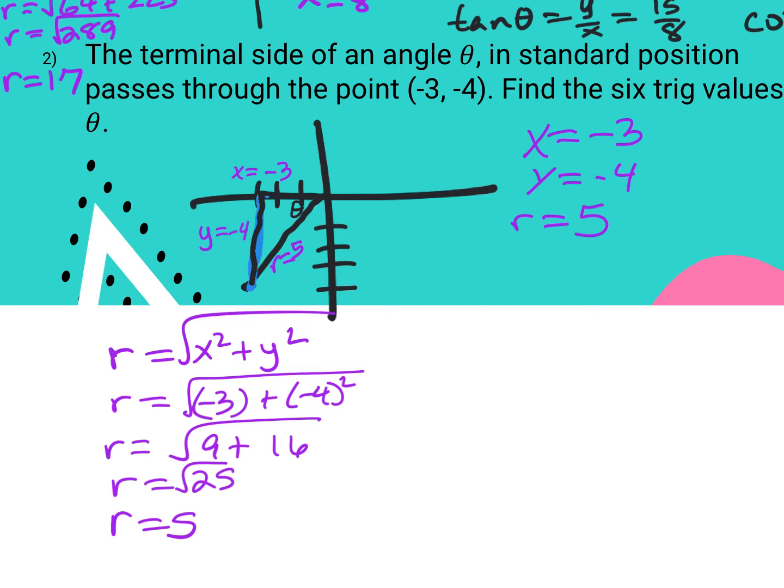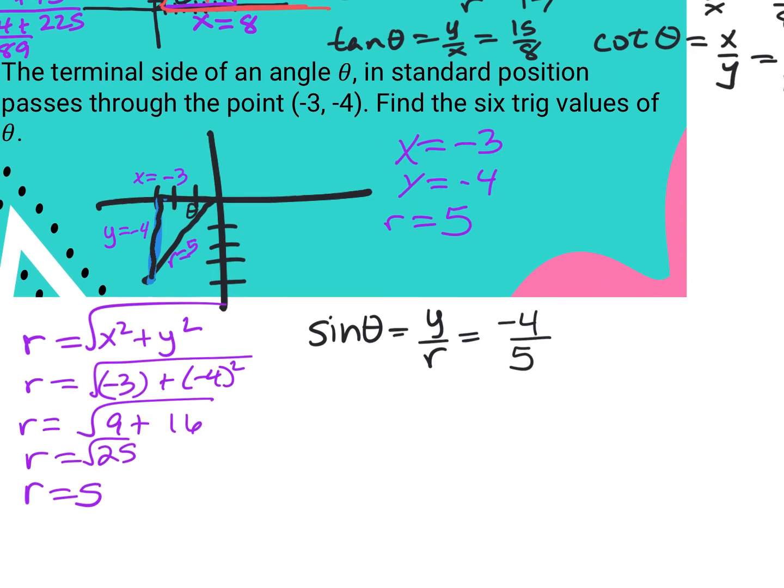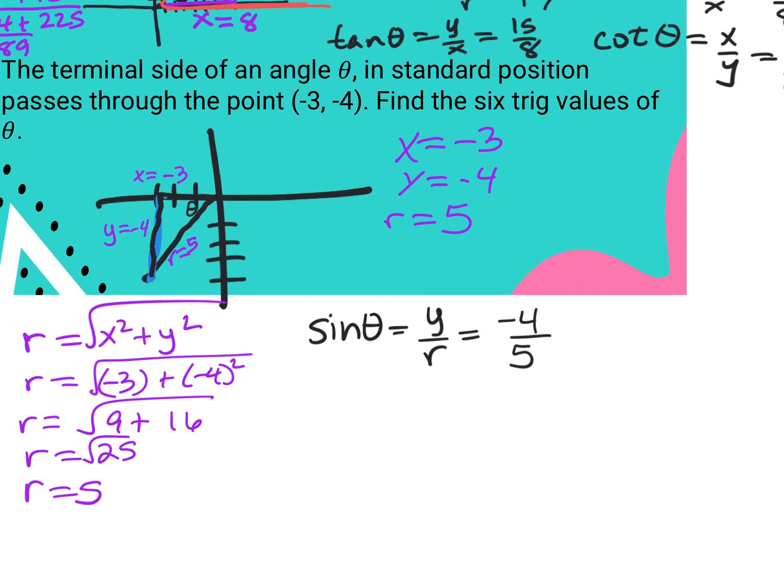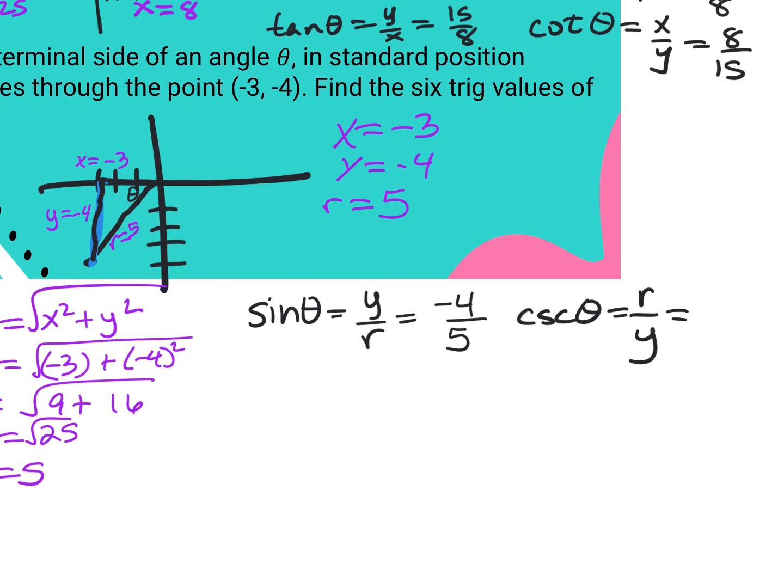So if I plug it into sine of theta, remember you're memorizing y for sine, so y over r. And you plug in the y is -4, the r is 5. I'm going to go ahead and do its reciprocal right away, and that's the cosecant. Flip it, it's now r over y, so 5 over -4. So again, I'm on the right track. I've got 2 negative functions here, and these are supposed to be negative.